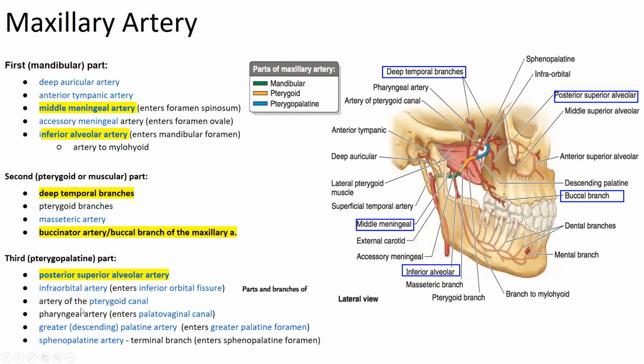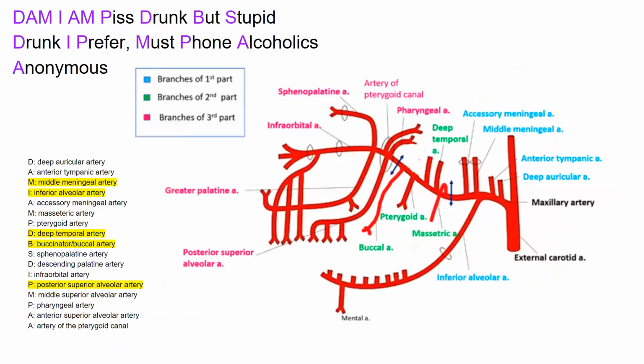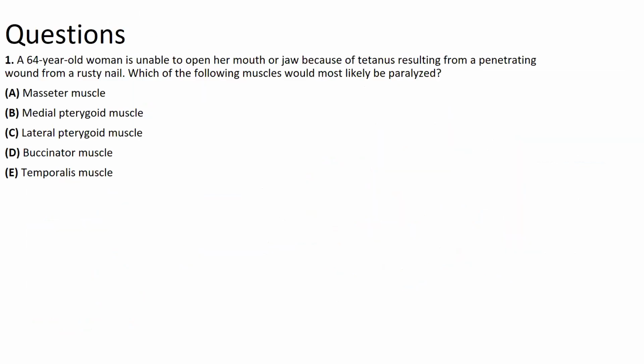These guys you'll talk about in head and neck when you actually do the pterygopalatine fossa dissection. Here's a mnemonic to remember all the different branches. Again, highlighted ones are the ones that are important and the ones that you'll likely be assessed on. I would be pretty shocked if they decided to tag anything other than those five in this region.